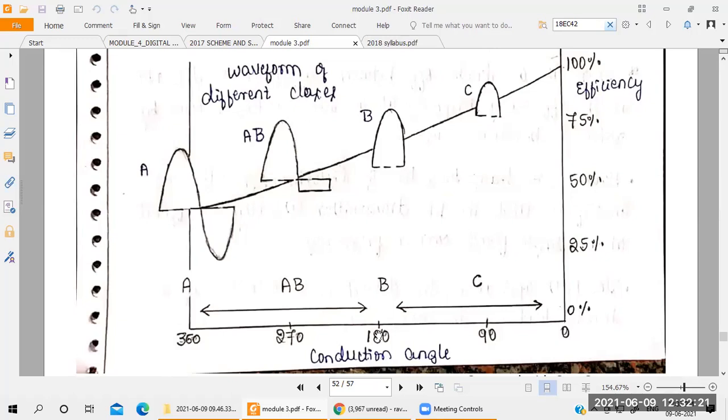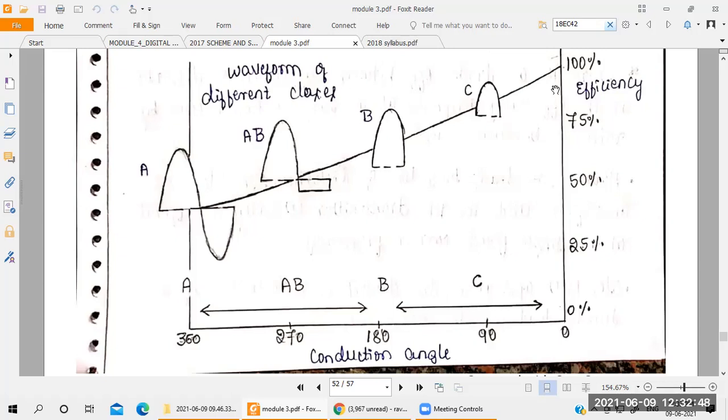Then 180 conduction angle for the class B amplifier. What is the efficiency here? 50 to 75%. Then the conduction angle for class C? 90. For class C the conduction angle is 90. The efficiency is almost 80%, not a complete 100%.